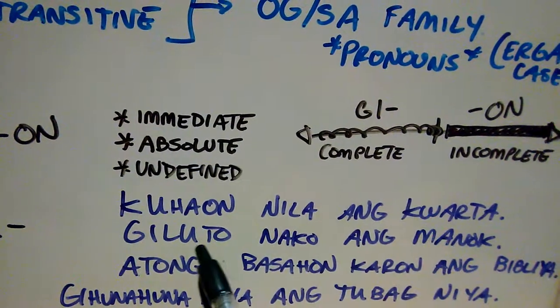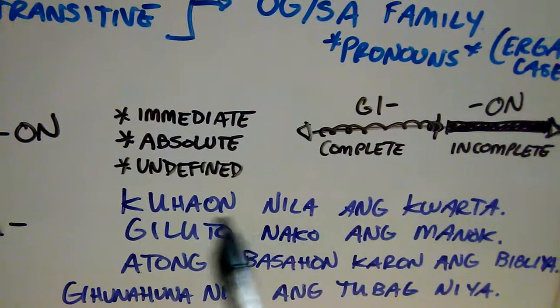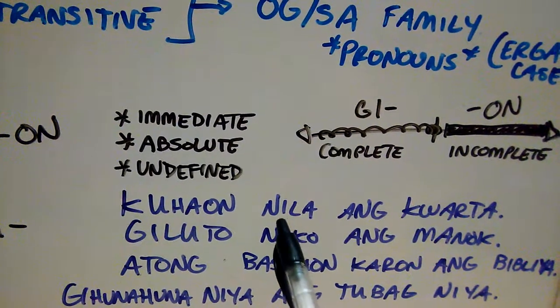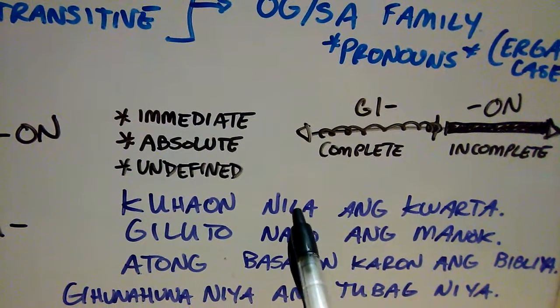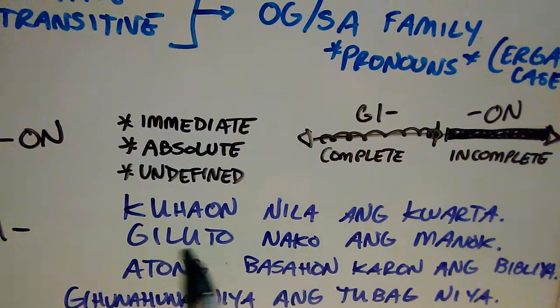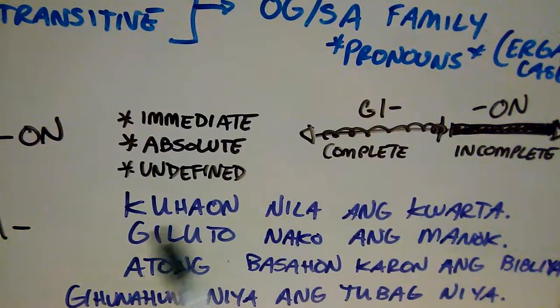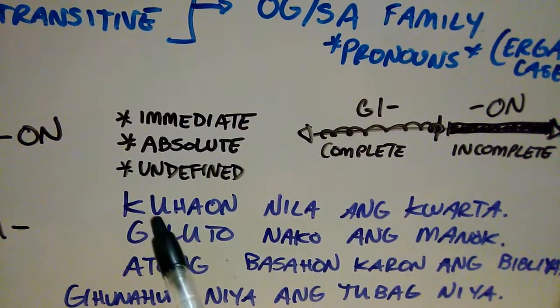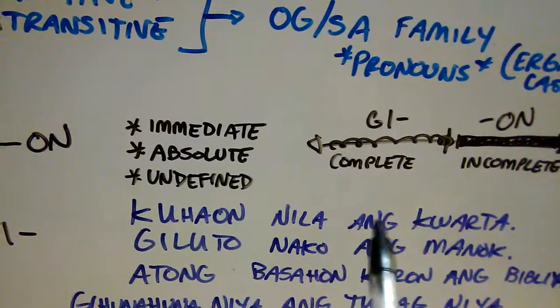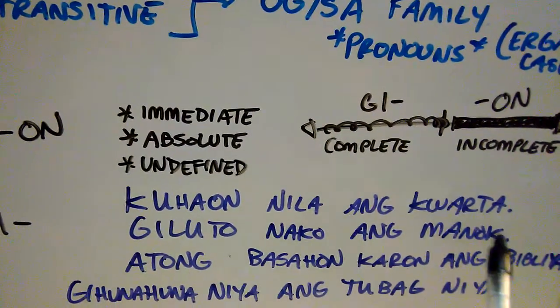Oh, we will. Okay, but the money is what we're talking about, right? Kuhaon nila ang kwarta. And again, this is a postfix. If I want to use a prefix, or the preposition, I have to use ila nga. So if I wanted to switch this around, it's going to go ila nga kuhaon ang kwarta. Ilang kuhaon ang kwarta is the same as kuhaon nila ang kwarta.